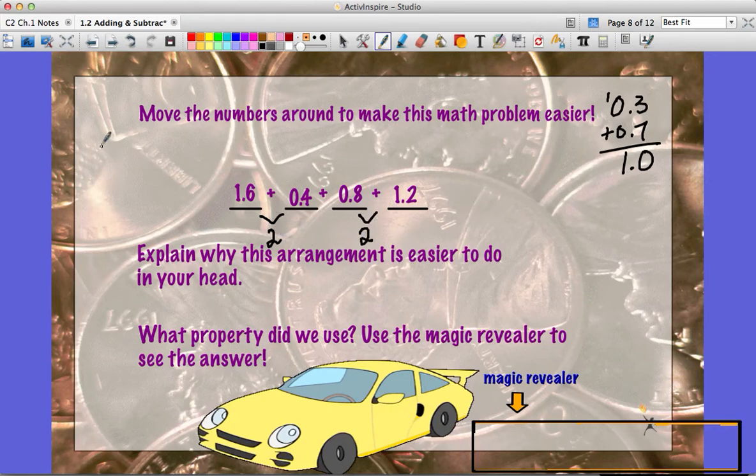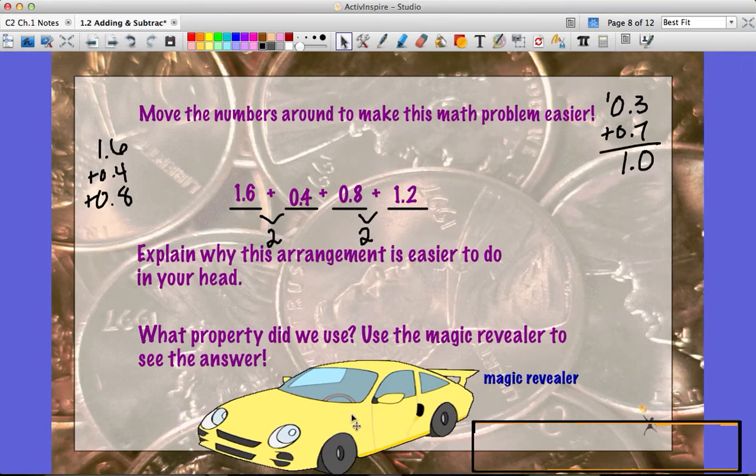So instead of having to list all these out and then add them together, you can add these together in your head knowing that 4 more tenths added to this would get you to 2, and 8 more tenths added to this would get you to 2. And we all know that 2 plus 2 gives us 4. So moving our numbers around to make a tens number or a hundreds number always makes adding much easier for us to do.